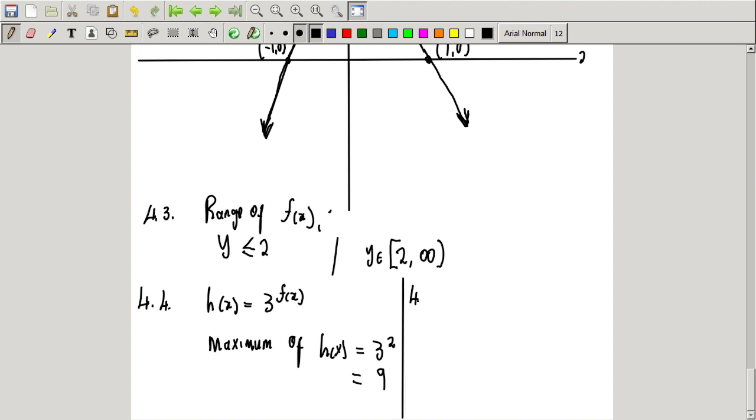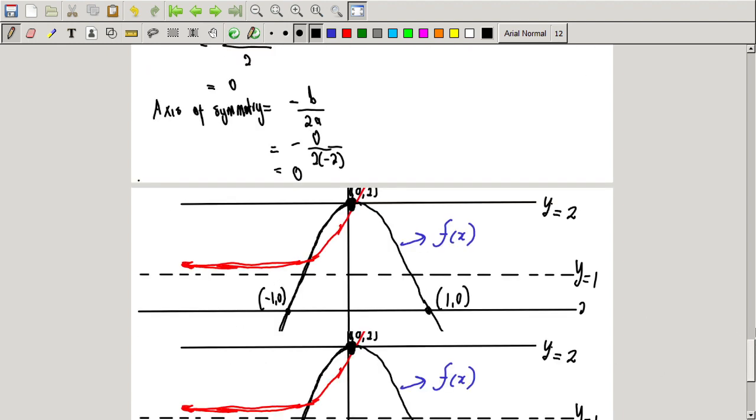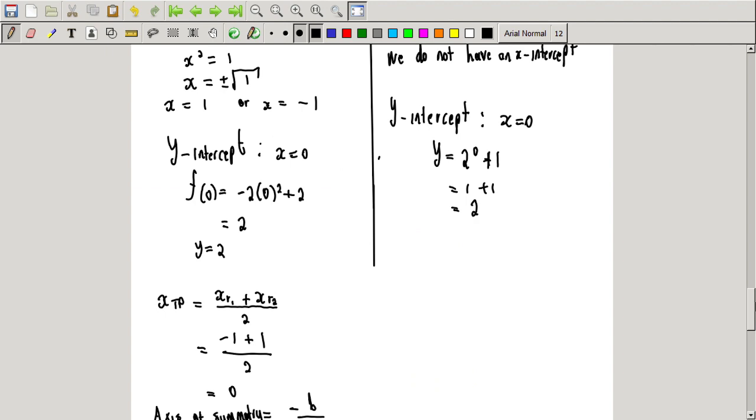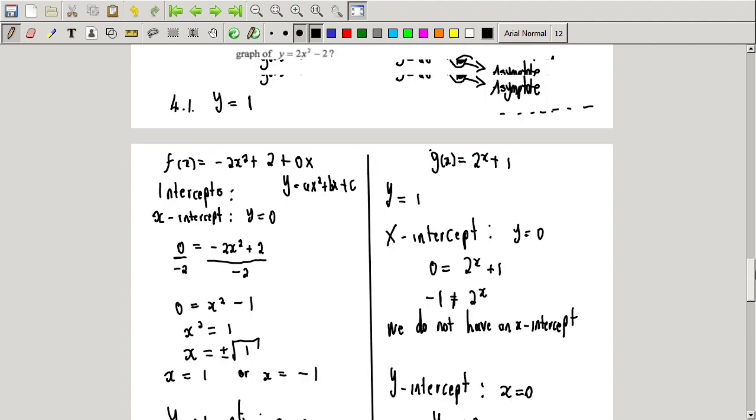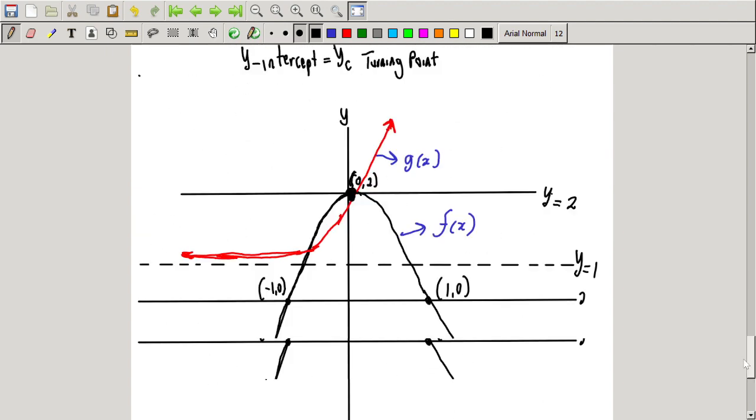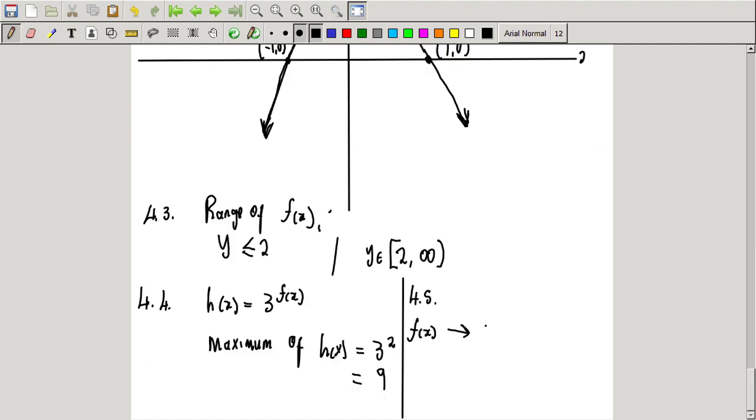I'm going to write 4.5 here. The transformation f of x has to undergo in order to give us that function. I don't remember what that function is called. Let me go check it first. Okay, let me just say y of x.